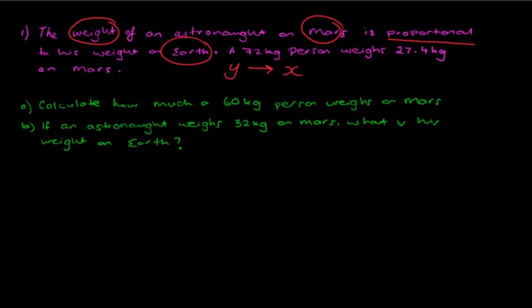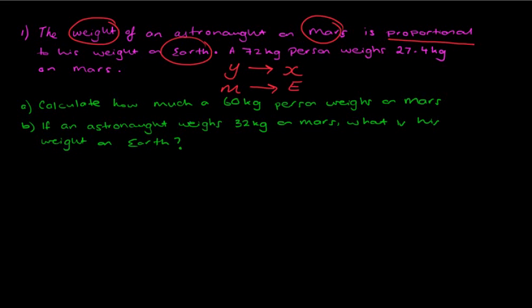So what was y? Y was the weight of the astronaut on Mars. Let's put an M there. If I put weight, obviously I've got two different weights, so it wouldn't work out. So I've put an M there, that's the weight of the astronaut on Mars, varies with the weight of the astronaut on Earth. So M varies with E.